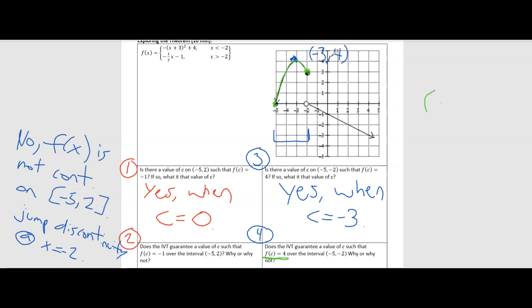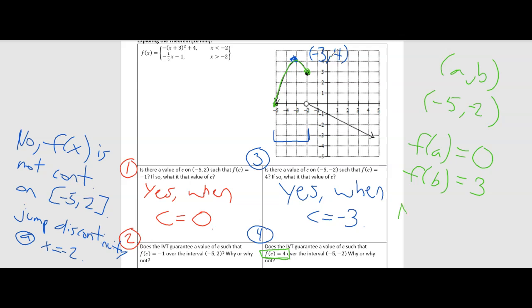so we have this interval -5 to -2, which is our interval a to b. So f of a, if we look at the graph, f of -5 is equal to 0, f of -2 is equal to 3. So basically, this f of c value, this L value, has to be between 0 and 3. And 4 is clearly not between 0 and 3, so it fails the second initial condition.